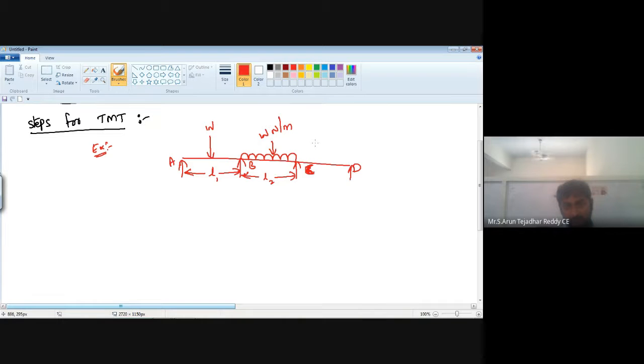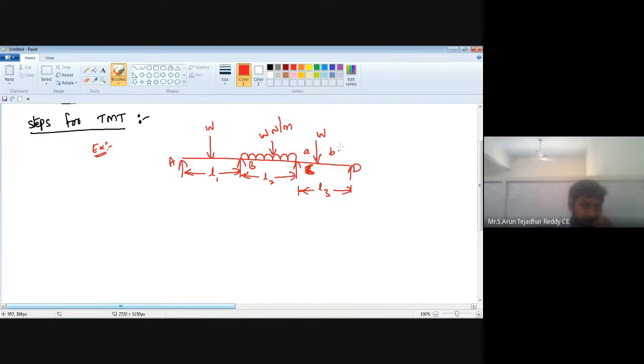From C to D it is an eccentric point load, the whole span from C to D is L3, and the distances are A and B. So this is one example diagram.